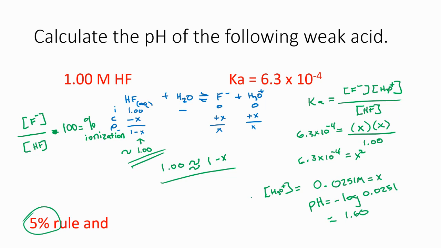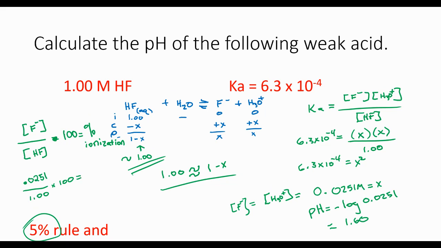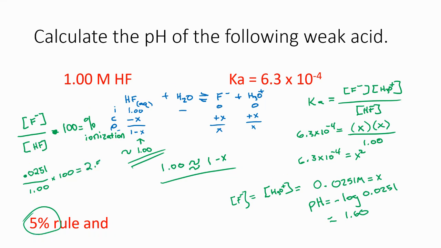F minus, which was also equal to our H3O plus concentration, we found to be 0.0251. HF was initially 1.00. Multiply that by 100, and we get 2.51%.